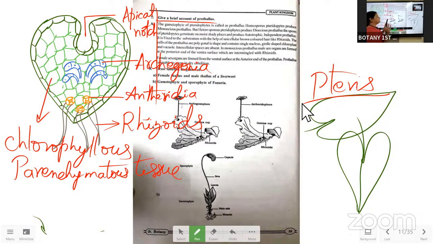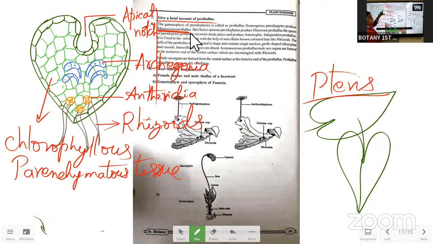Now comes the second one. This prothallus is monoecious in nature. Monoecious means both sex organs are present on the same thallus. If one thallus has both male and female sex organs, that is monoecious: the antheridia and archegonia.